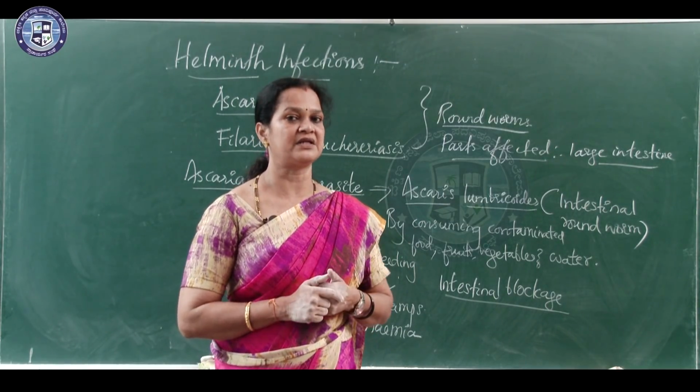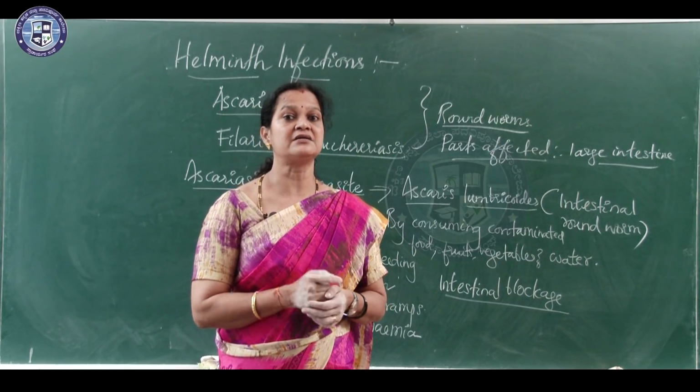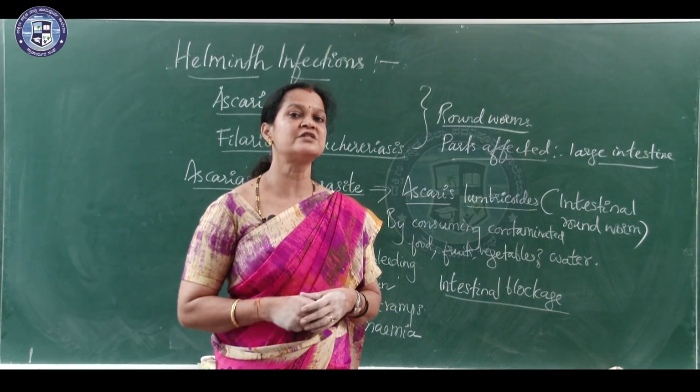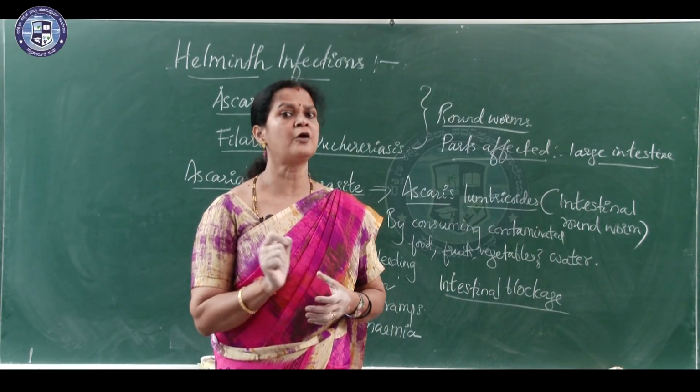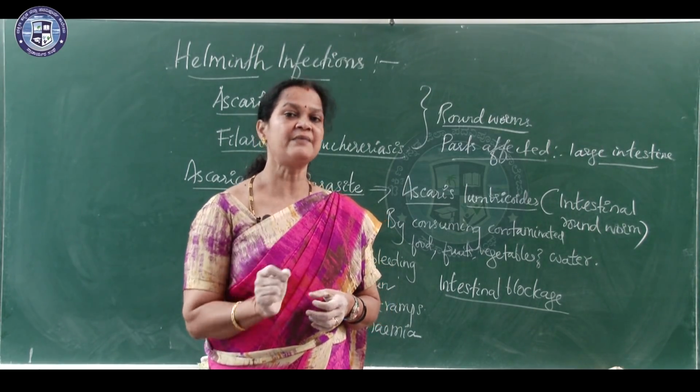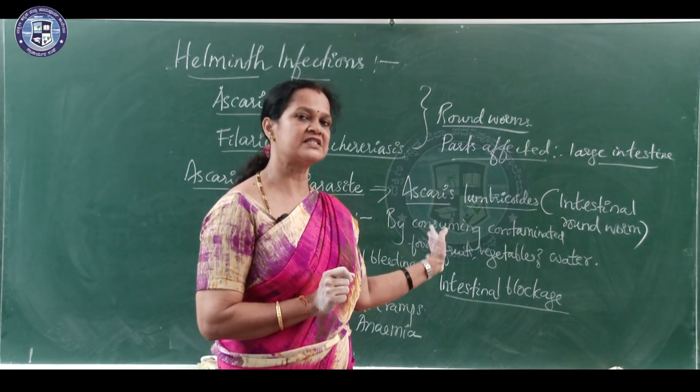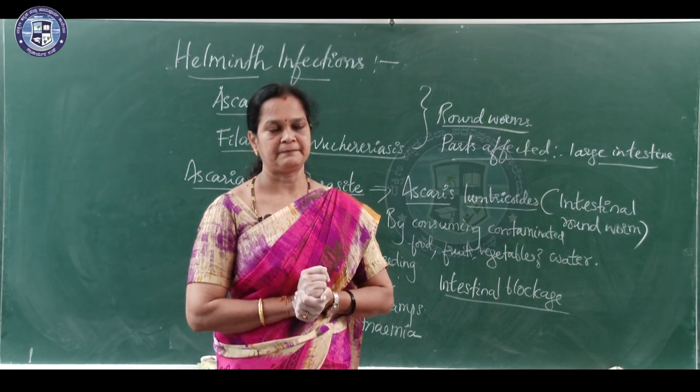If we are eating the fruits or vegetables without properly washing, we get the infection. That complication will arise here. So, mainly because of unhygienic practices, this infection will occur.